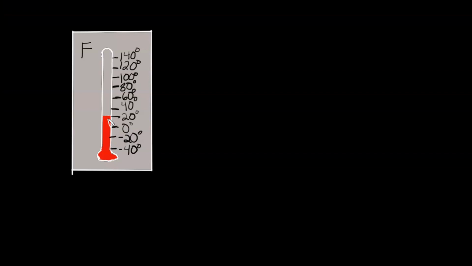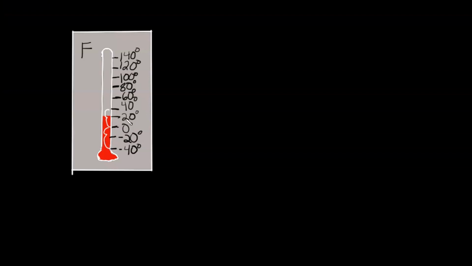And then we have 20 degrees, meaning it's 20 degrees above 0. But if you look down here an equal distance away, it is -20, meaning it is 20 in the opposite direction, or 20 below 0. Same thing for 40, it's 2 notches, and down here 40 is 2 notches, but look how they're going in opposite directions.